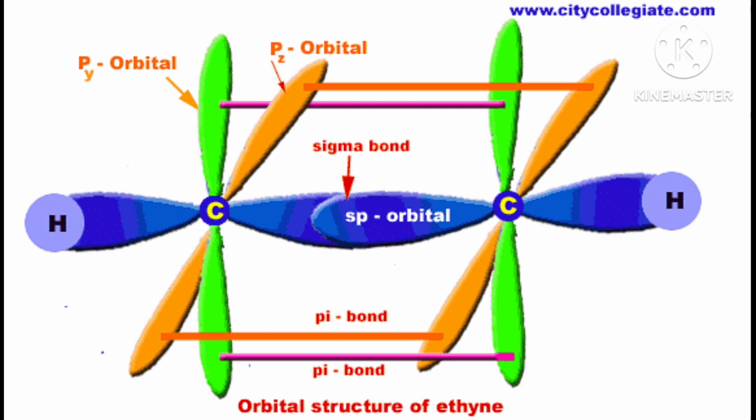Then two oxygens will get one electron each, and the third one will get 2 electrons, because in ozone one oxygen is attached with 2 oxygens. When that bond breaks, both bonds will break.